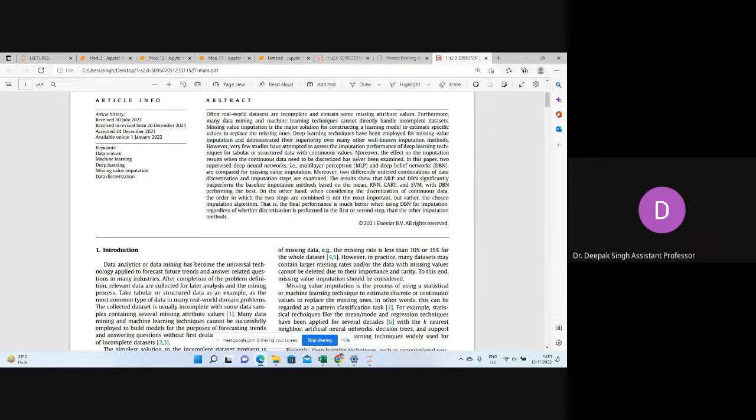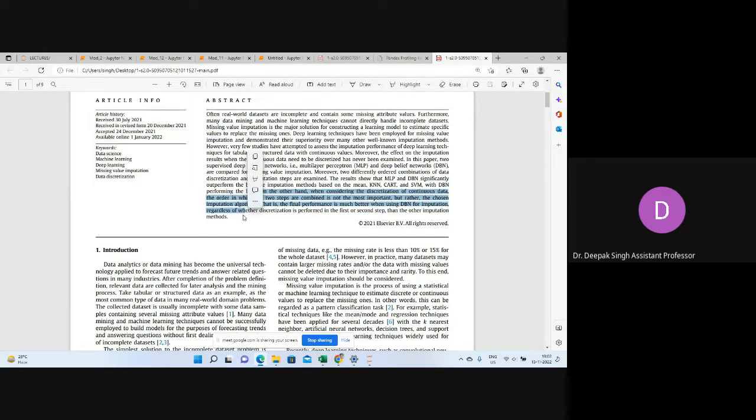Then their identification leads to a solution. And then, based on the solution, the results they got after performing the simulations or the experimentation, and finally based on the results they state the conclusion of this paper.